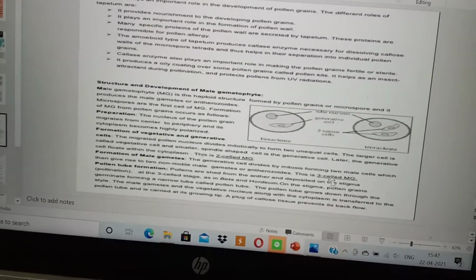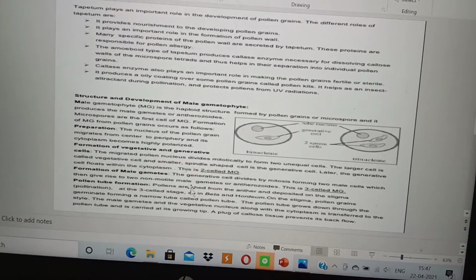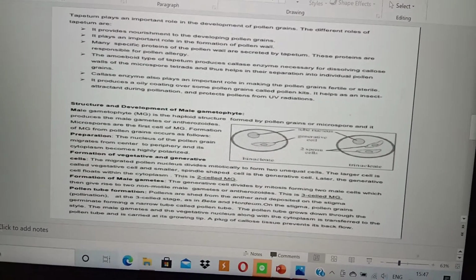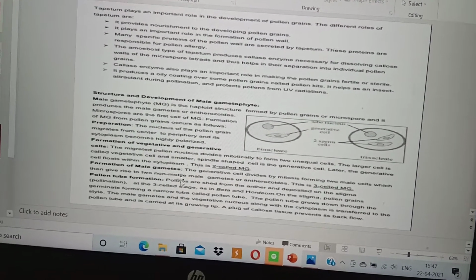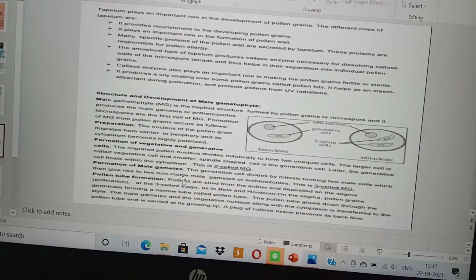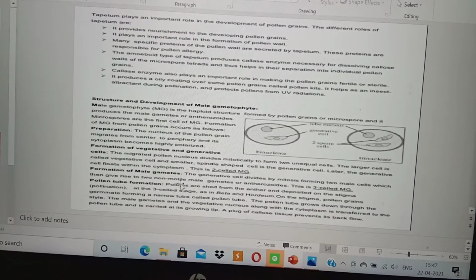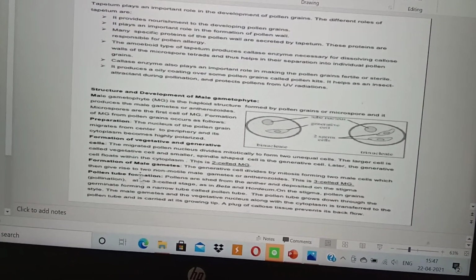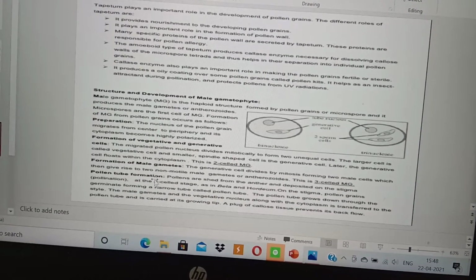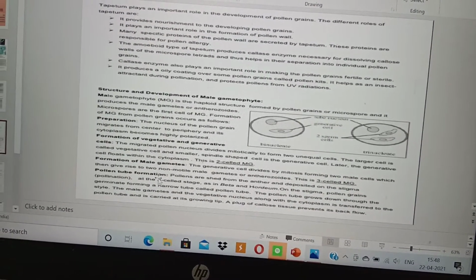The three-celled stage is also seen in orchids. In orchid plants, the microspore is liberated from the parent at a three-celled stage. The male gametes are non-motile.